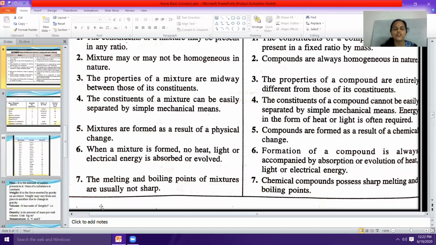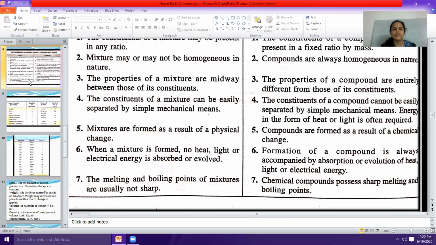And the last point of difference between mixture and compound is that the melting and boiling points of mixtures are usually not sharp, whereas chemical compounds possess sharp melting and boiling points.